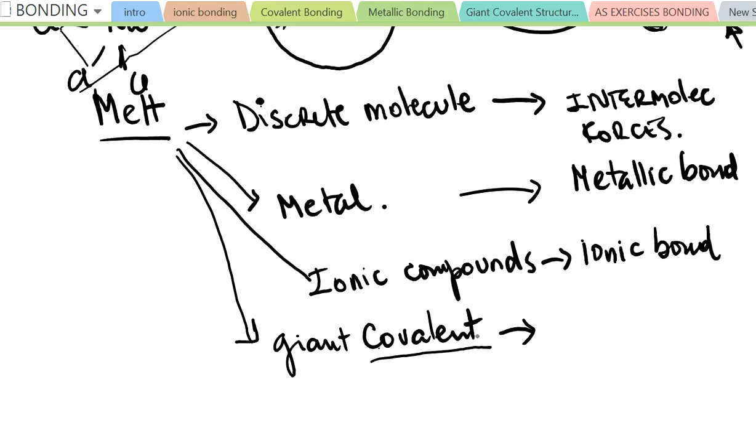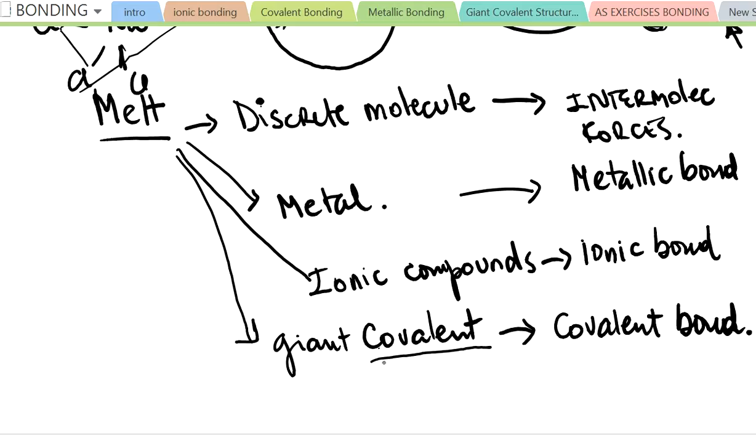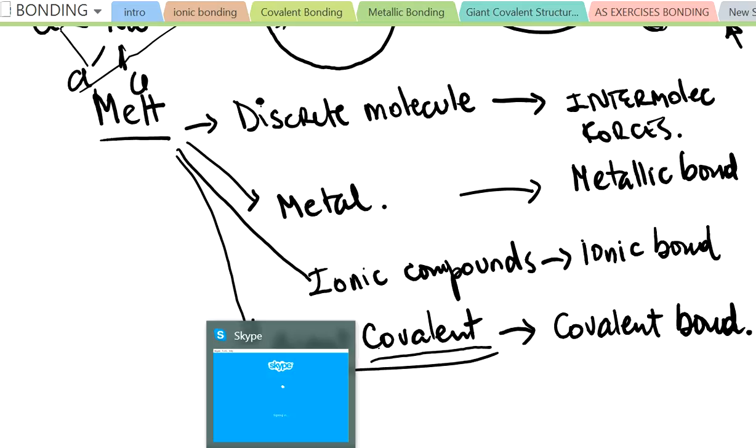Actually, those are the stronger bonds. That's why we have such an amount of temperature to be able to melt graphite, for example. Because the covalent bond, that is the one that we need to break when we need to melt a giant covalent compound, is the strongest of all bonds. Yes?